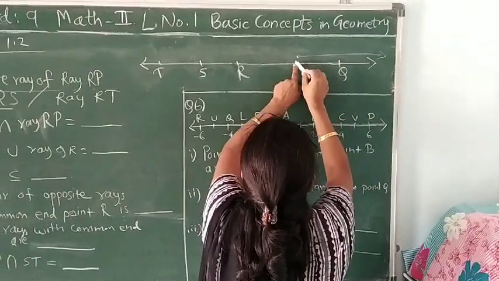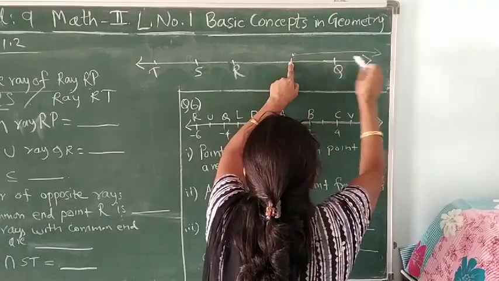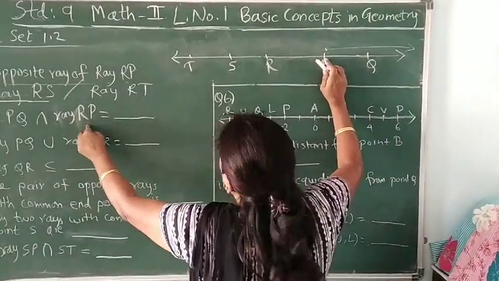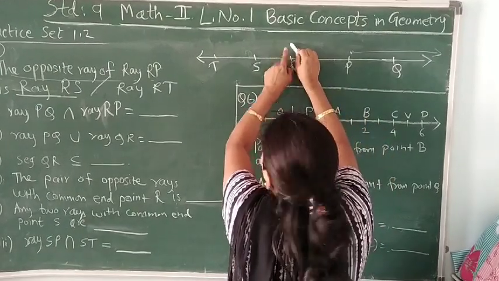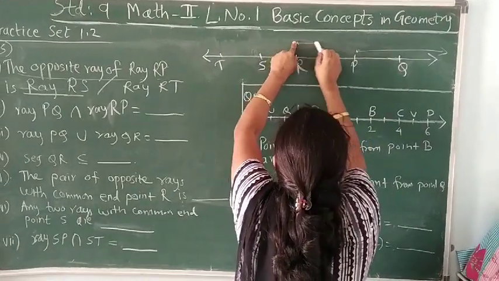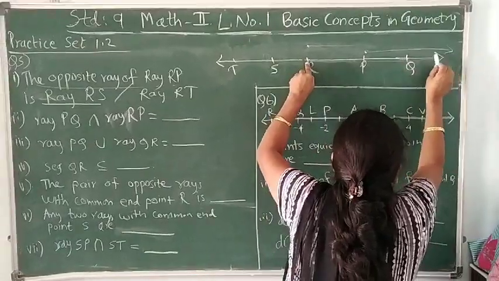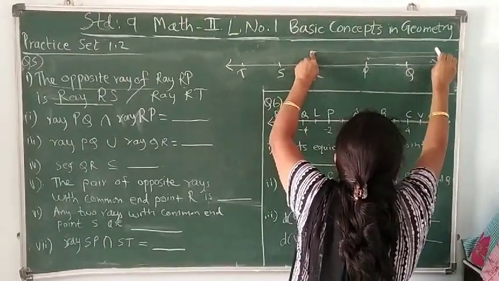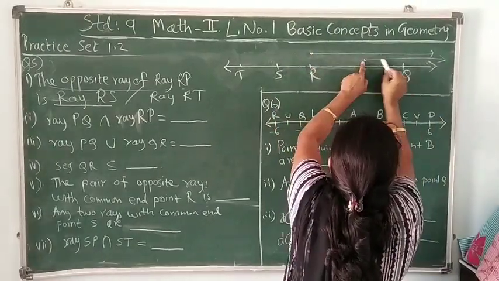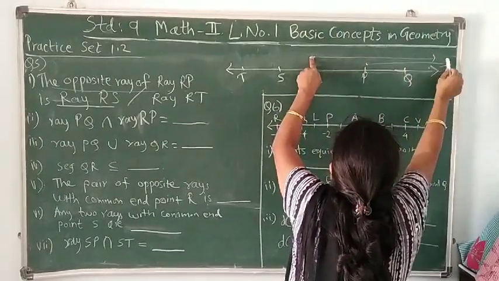Just to understand, from here to here, this is on the number line only. And the other is ray RP. RP starts with R, and P is on the right side. This ray is actually this same line on the number line, but I draw them separately just to understand the two different rays given in this question. So this is ray PQ and this is ray RP.